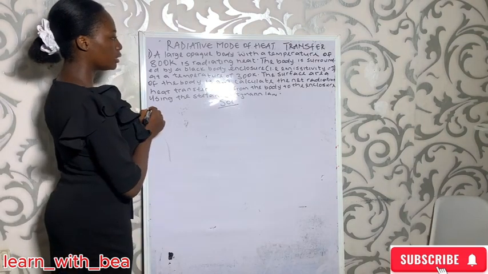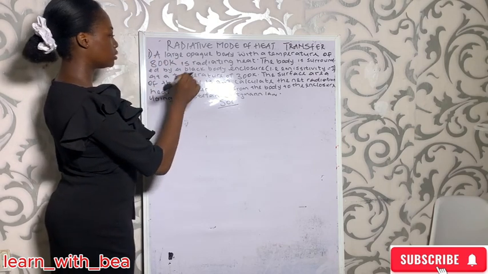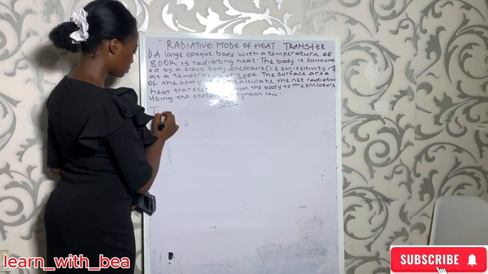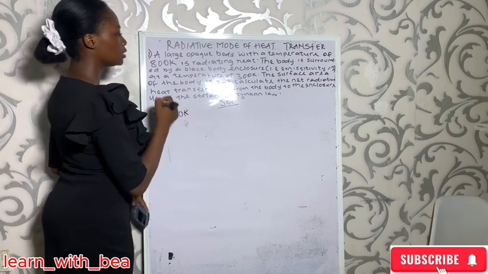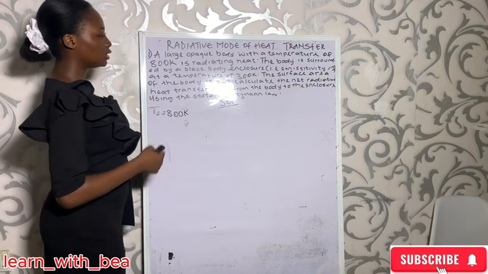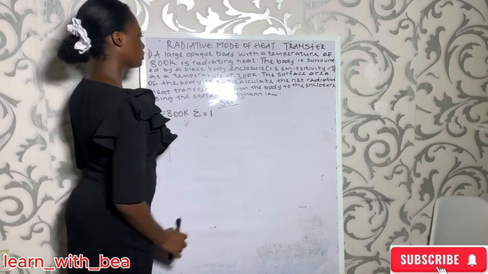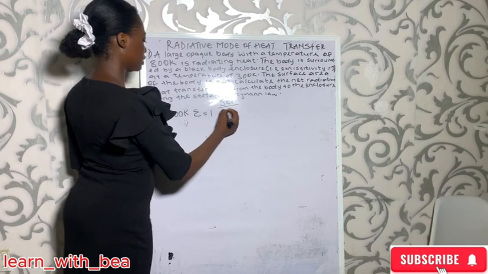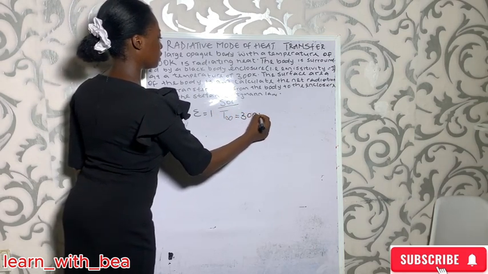So, what were we given? We write out the parameters. A large opaque body, so the temperature of the body, which is Ts, is 800 Kelvin, and it is radiating heat. The body is surrounded by a black body enclosure, so the emissivity is 1, at a temperature of 300 Kelvin. That means the temperature of the surroundings is 300 Kelvin.